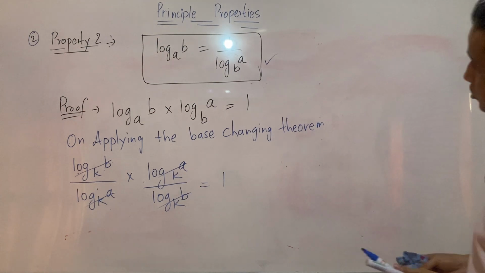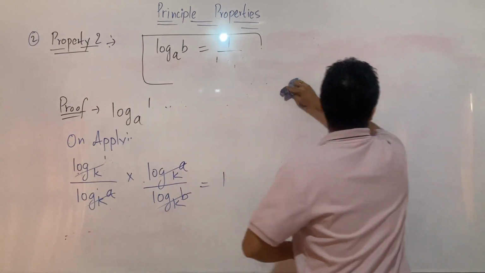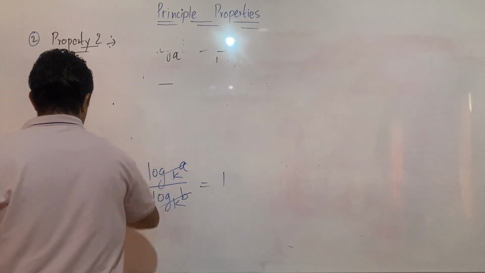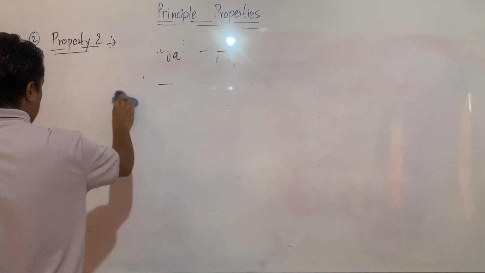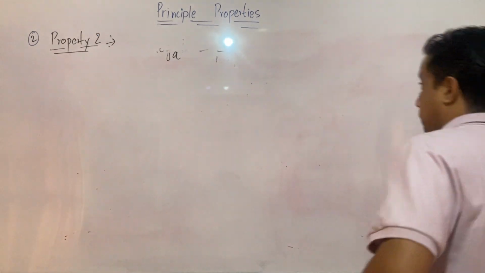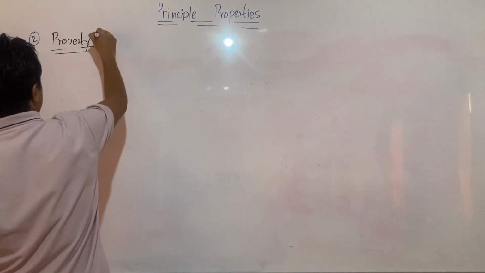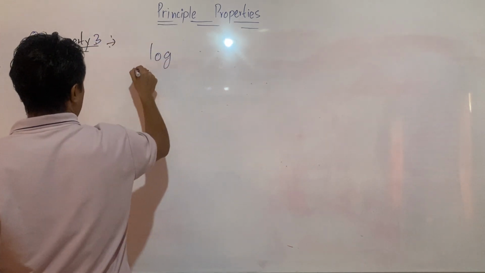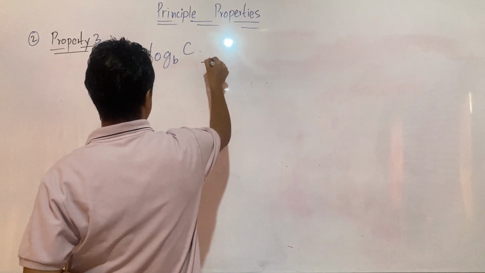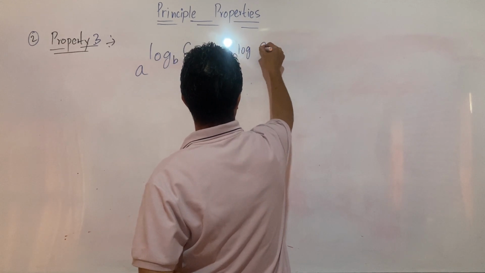Okay, so our next property, property number 3, says that a raised to the exponent log c base b is equal to c raised to the exponent log a base b.